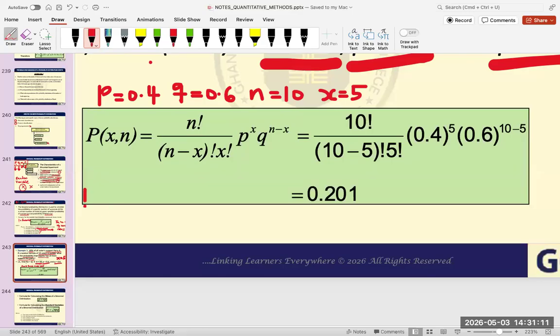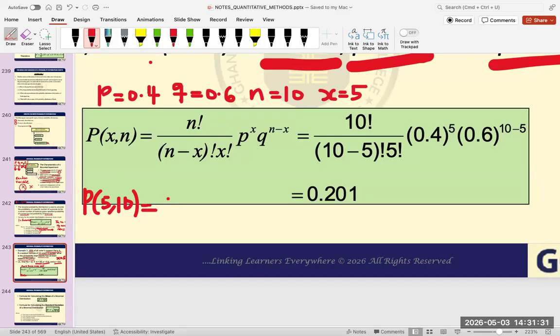It means that probability P of X is 5, out of N number, which is 10, is equal to N factorial.